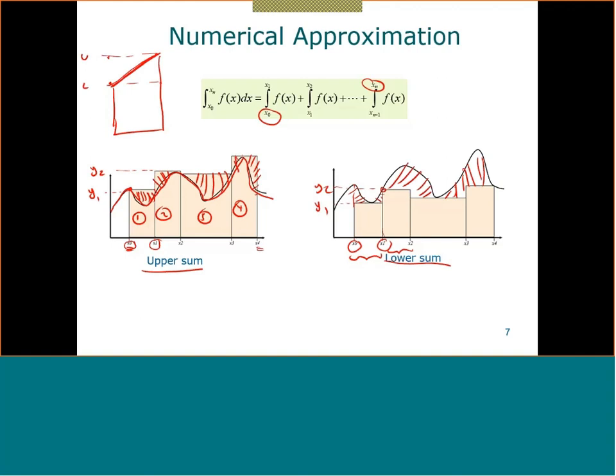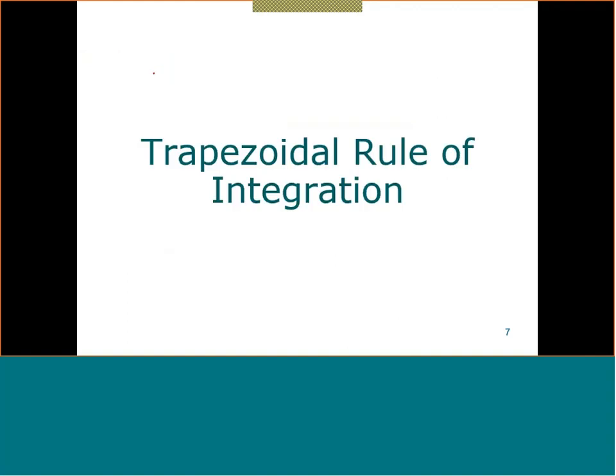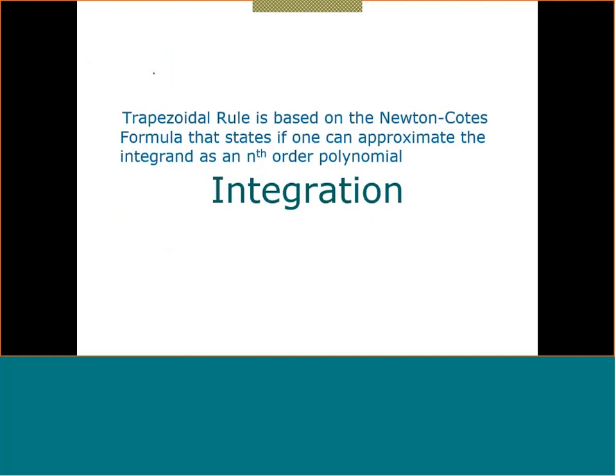I did not approximate with this very small area, or this bigger area, but instead I will take the trapezoidal area and represent my integration. This is the first way to do the approximation. We call it the trapezoidal rule of integration.